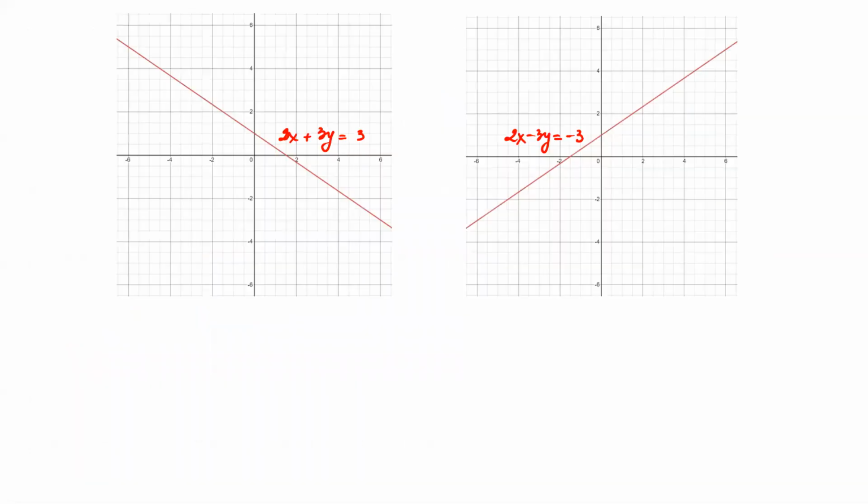So these are 2 graphs that we saw on the first slide. So what do we see? On the left side, there's a line with the equation 2x plus 3y equals 3. And on the right, the line is the equation 2x minus 3y equals -3.